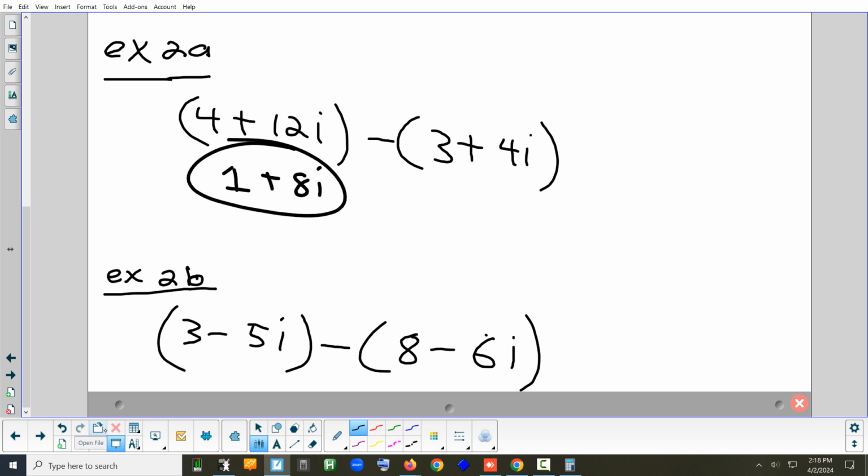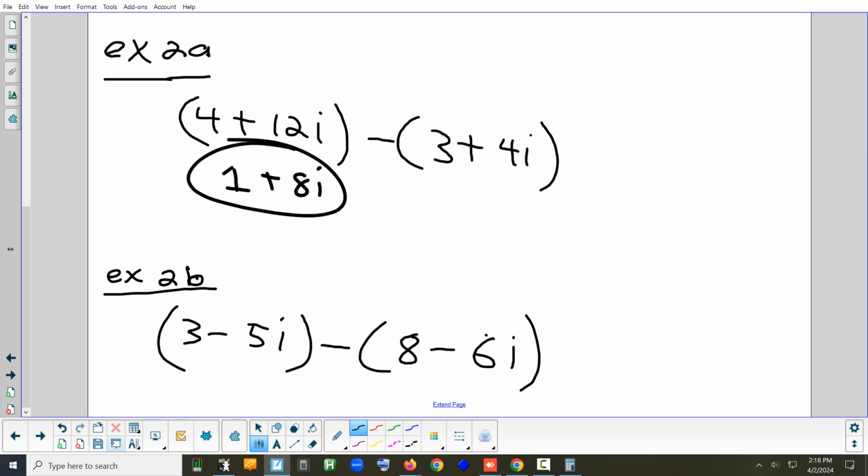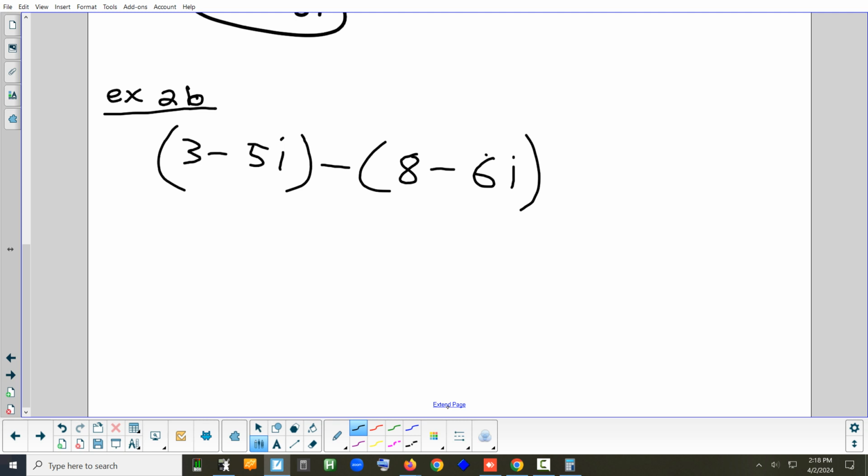Let's do this one. All right, so we got 3 minus 5i. And then we're going to subtract 8 minus 6i. Now, all the rules we know about negatives still apply. So keep that in mind as you do this one. Yep, can I answer it? Sure. It's going to be negative 5 plus 1i.